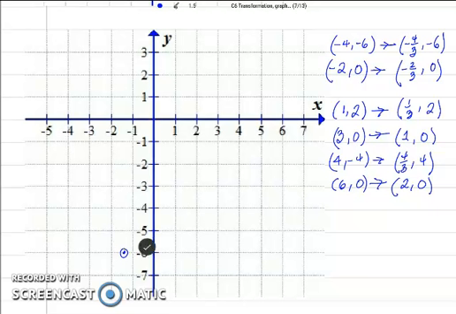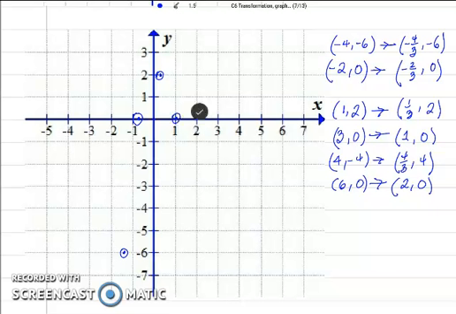The point (-2, 0) becomes (-2/3, 0), so that will probably put me about here. The point (1, 2) is going to become (1/3, 2), which puts me about here. The point (3, 0) is going to become the point (1, 0). That will put me here.